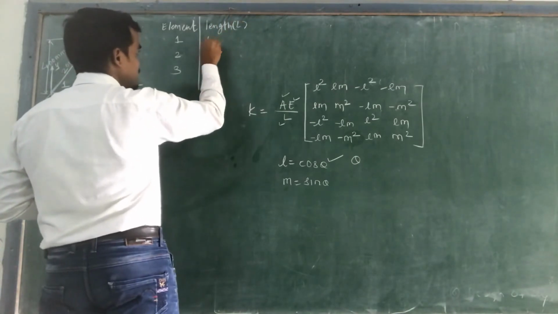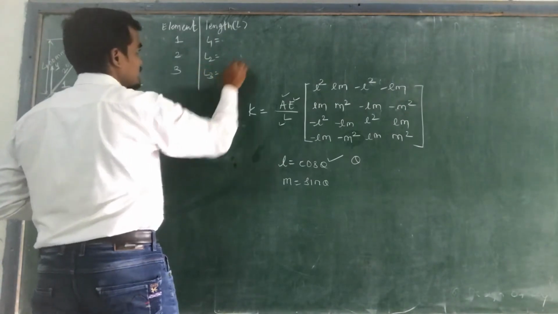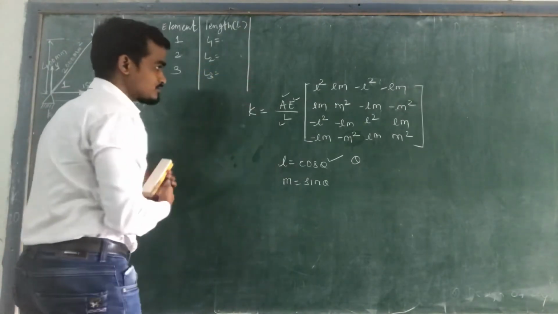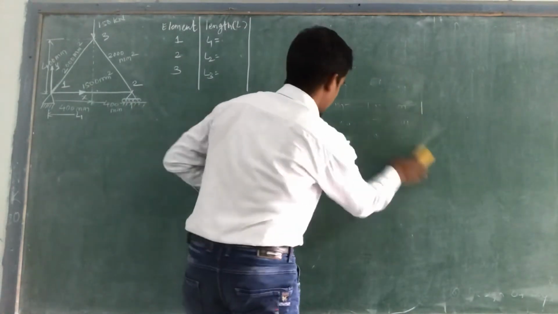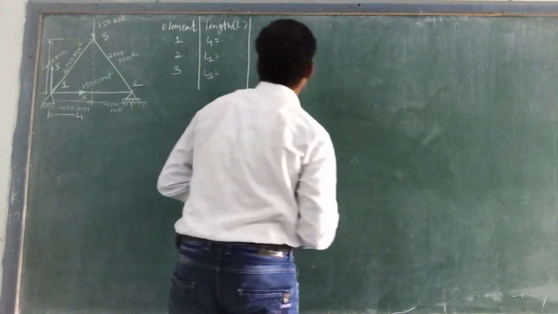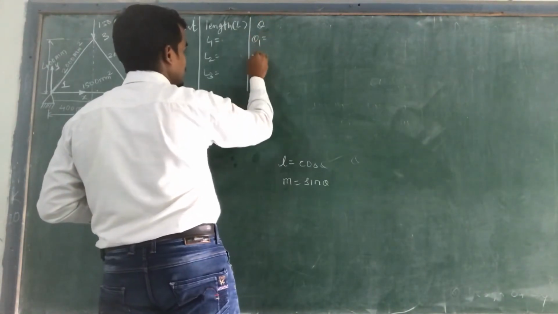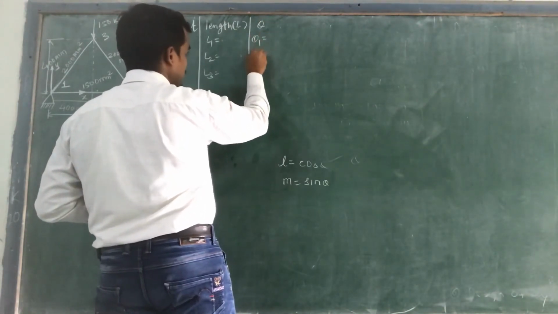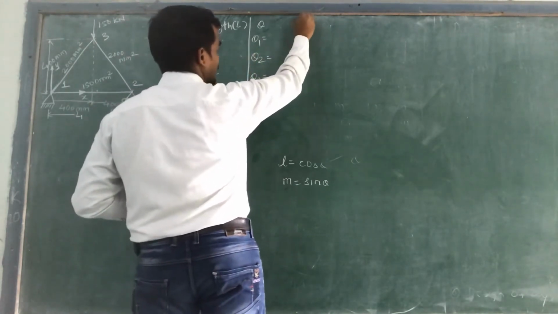So L1 is equal to what? L2 is equal to what? And L3 is equal to. Then next is theta. So theta 1 for element 1, the value of theta 1 is what? Theta 2 is what? And theta 3 is what?